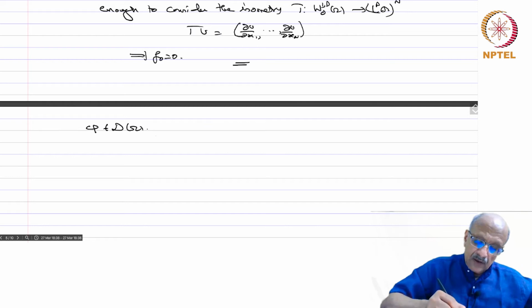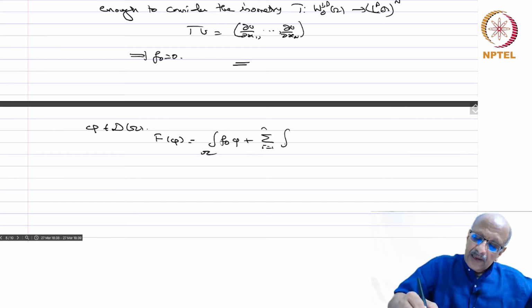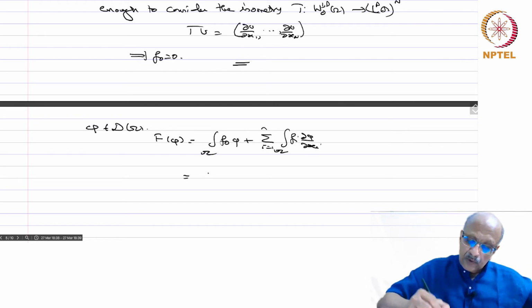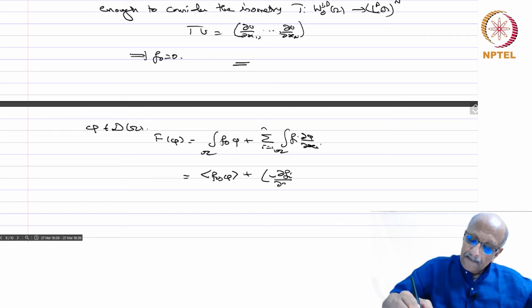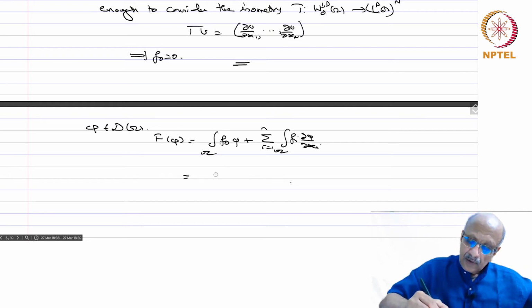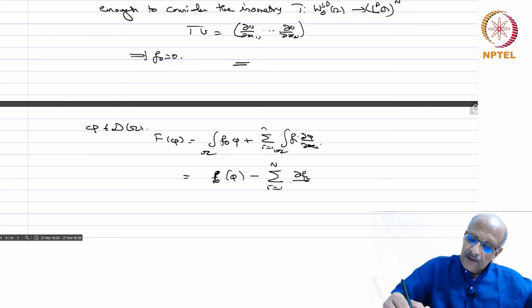By definition, f of phi can be written as the integral over omega of f_0 phi plus the sum for i equals 1 to n of the integral over omega of f_i d phi/dx_i, which is equal to f_0 phi minus df_i/dx_i acting on phi as distribution.